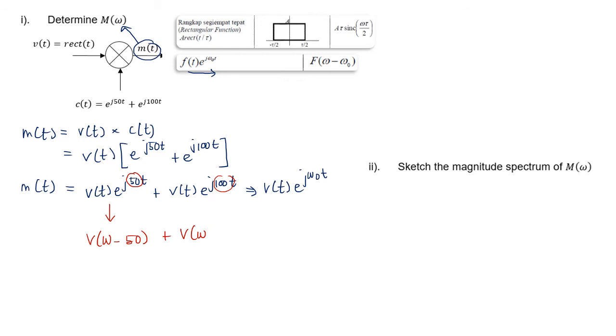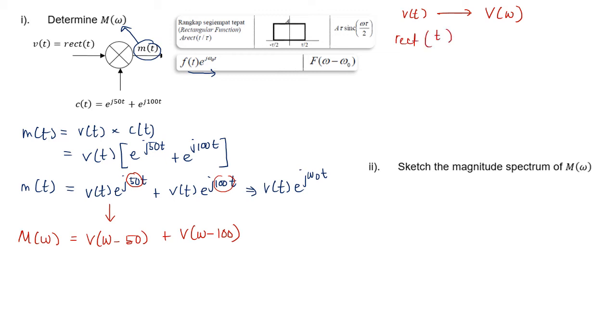So this is your M(omega). So what is V(omega)? V(omega) is from v(t). So v(t) will produce V(omega). So what is your v(t)? v(t) is the rectangular function of t.